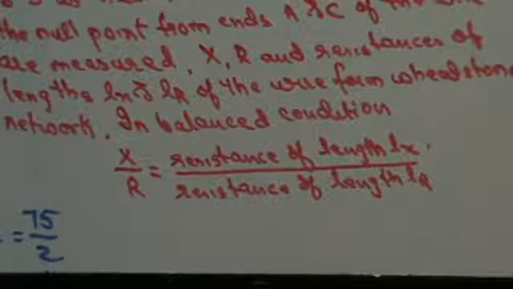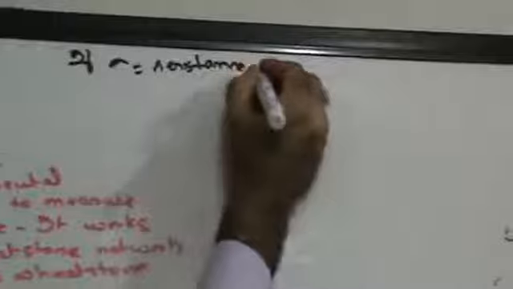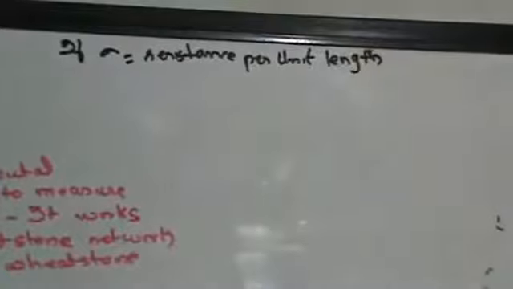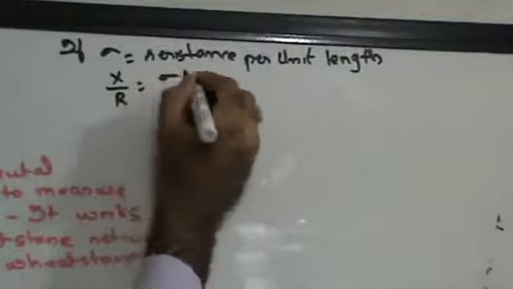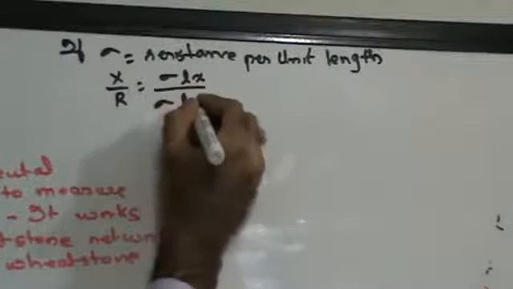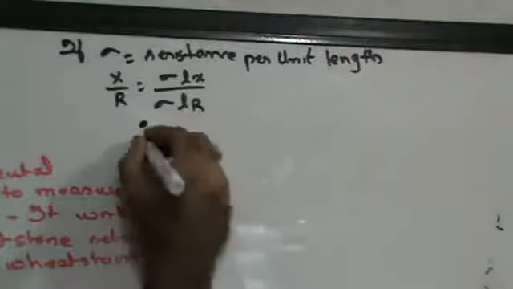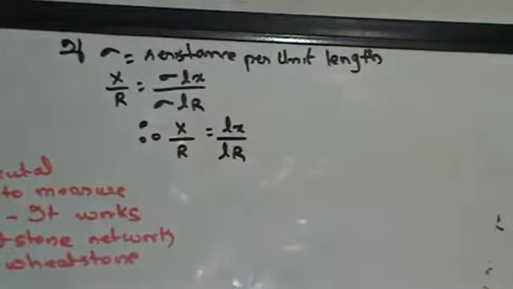Then x upon r is sigma Lx upon sigma Lr. Sigma gets cancelled, so x upon r is nothing but Lx upon Lr. So that's going to be my equation to determine the unknown resistance using a meter bridge.